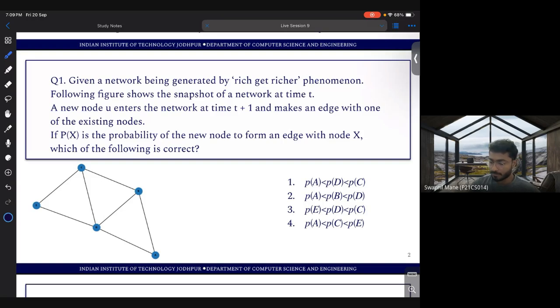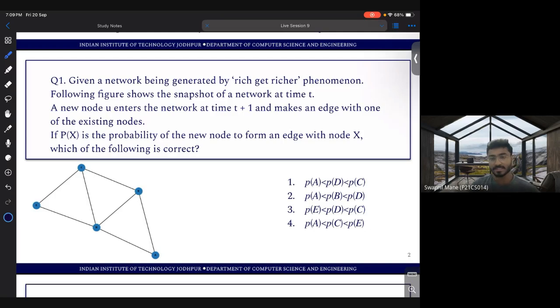If p of x is the probability of the new node forming an edge with node x, then p of x represents the probability of the edge being drawn between that new node u and an existing node in the graph.